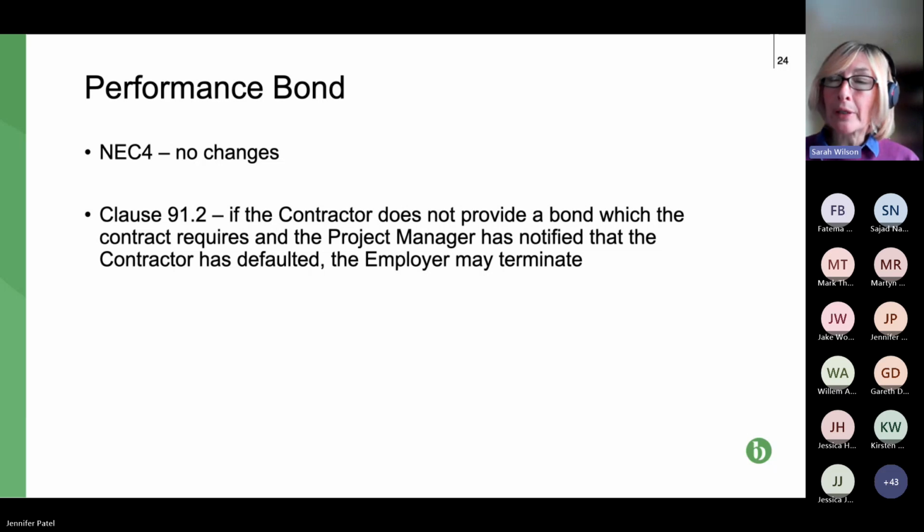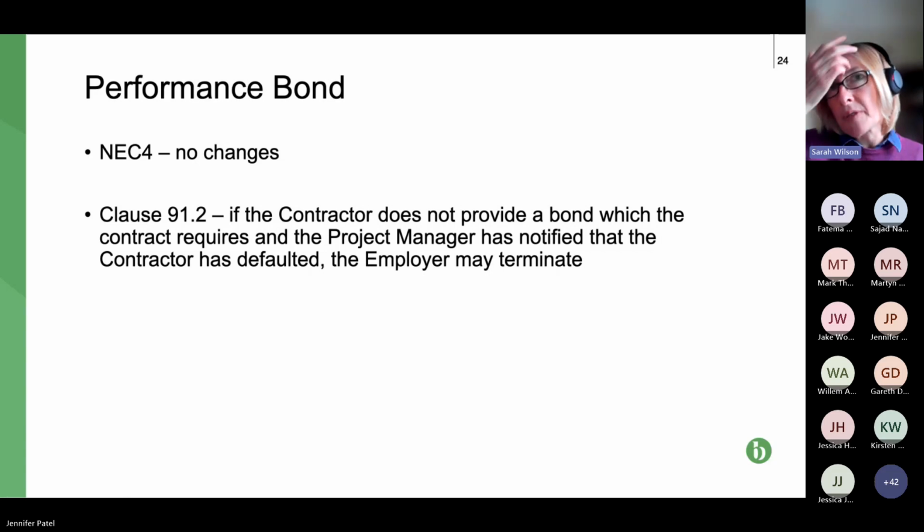So basically there are various hoops. So it is genuine security. The client has to prove the validity of their claim through adjudication, has to make a demand of the contractor. The contractor has to fail to pay, and then at that point they can make a claim on the bond.